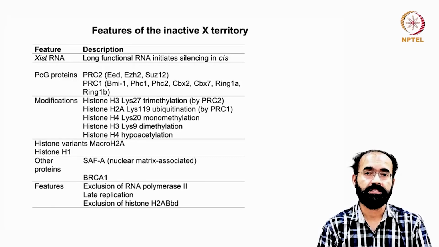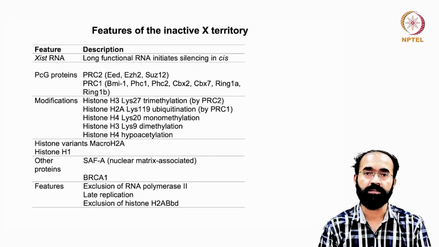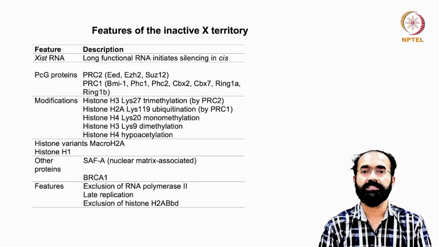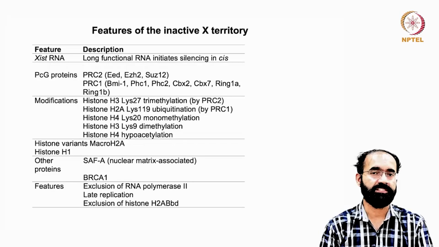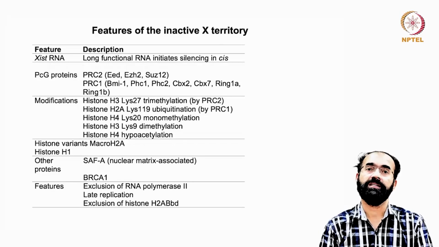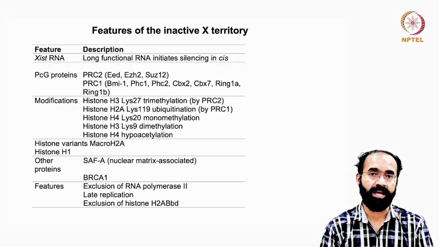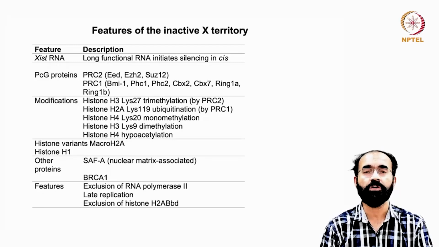So it takes a lot of time to unpack it, and this makes the replication very late, and it comes with a price. The system cannot monitor whether there is any mutation, any trouble, etc., because no monitoring is happening. It is a discarded or neglected X chromosome, and this is okay to some extent because it is not expressing. But if by mistake some leaky expression comes, that can be quite dangerous for that organism, because it will usually accumulate lots of mutations, since it is not repaired.